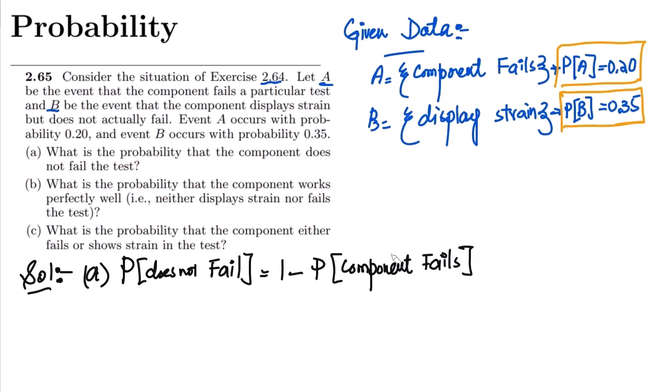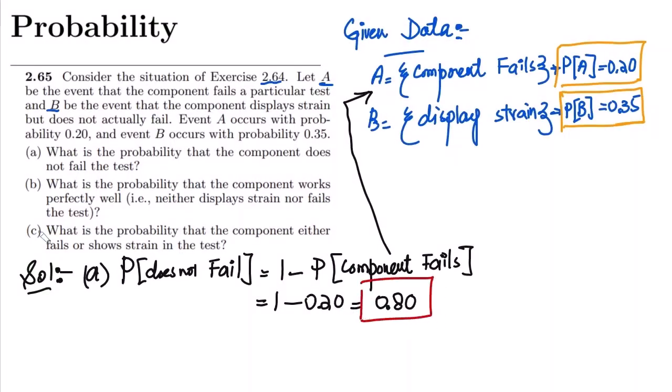Which is here event A, and the probability of it is already given. So let me put the probability it has, and that is 0.20, and 1 minus it would be 0.80. Okay, so that is the answer of part A of my question.